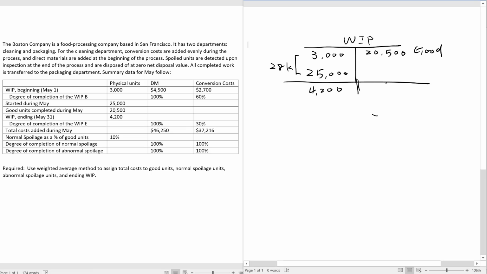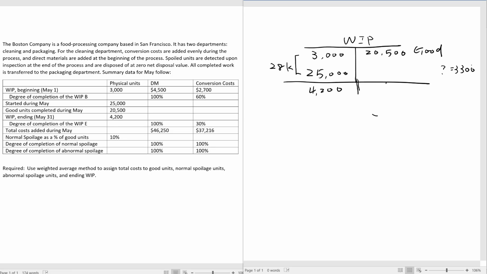Thus, some units are not accounted for, that is 28,000 units minus 2,500 minus 4,200 equals 3,300 units. These 3,300 units are spoilage units.